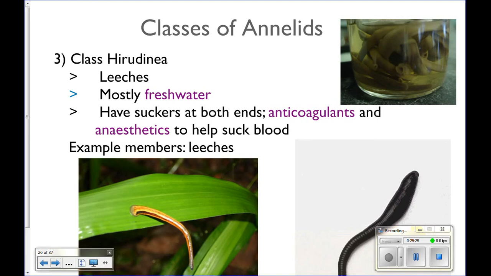And so they are parasites. There is a marine leech. They did used to be used for medical purposes, and actually they still are in some cases. So they actually can be helpful in some cases medically. But they used to think that the health of your body depended on 4 humors: the phlegm, the blood, black bile, and yellow bile.